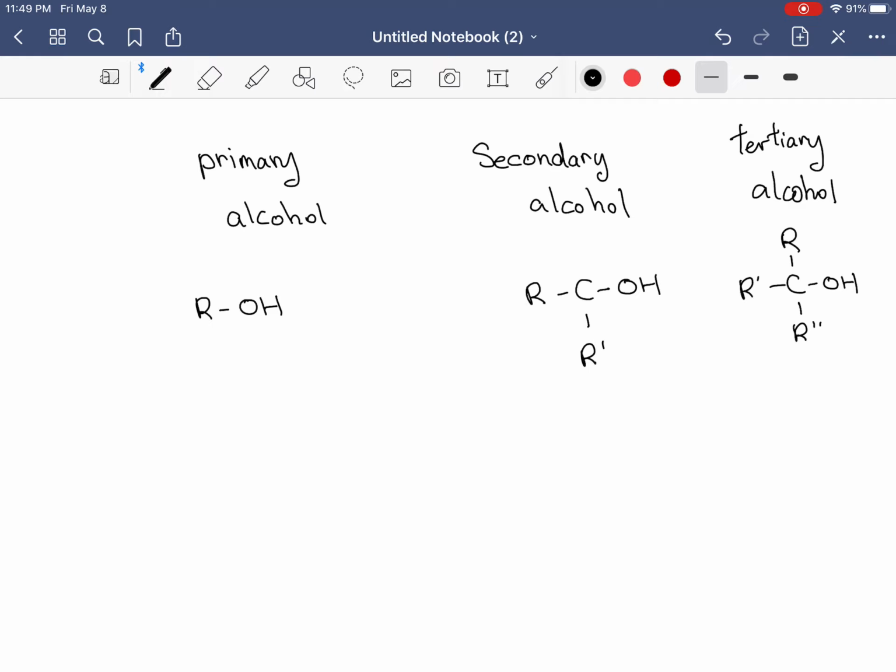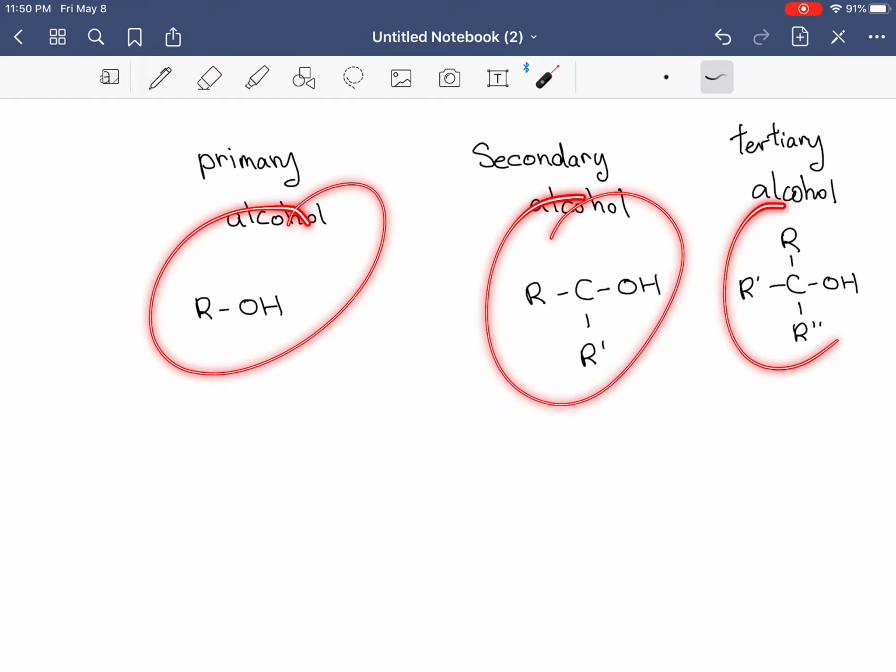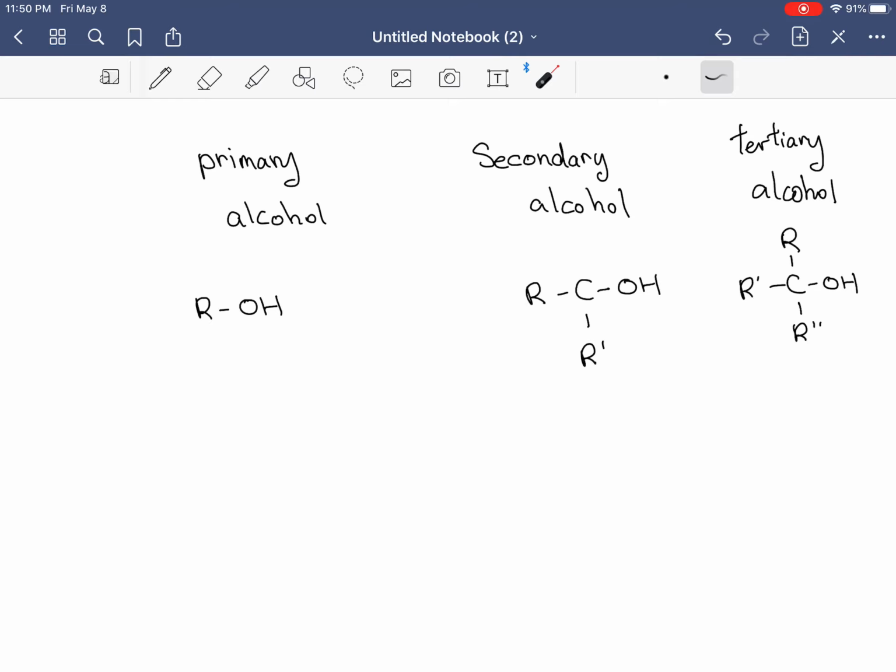In terms of naming them, whatever we've been doing is still legitimate. OH has to get the lower number of a chain. Not a big deal. Yesterday when we were doing those questions, you were already exposed to these. So primary alcohol, secondary alcohol, and tertiary alcohol, not a big deal.